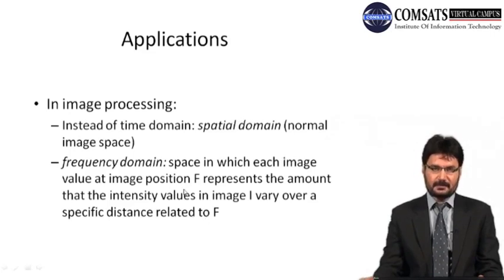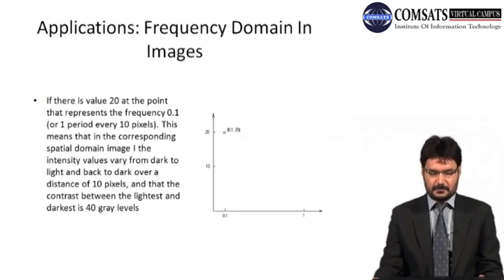So if we take a point, we identify the intensity value of that point relative to its position in the image. So if there is a value 20 at that point, that represents the frequency 0.1, or 1 period over 10 pixels.